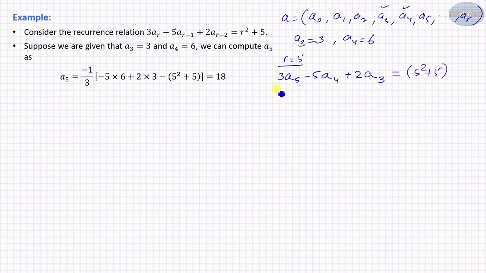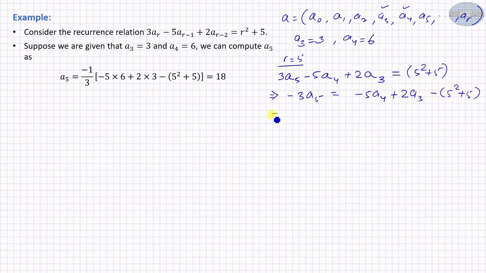Okay, now this equation can be written as minus 3a5 is equal to minus 5a4 plus 2a3 minus 5 square plus 5.